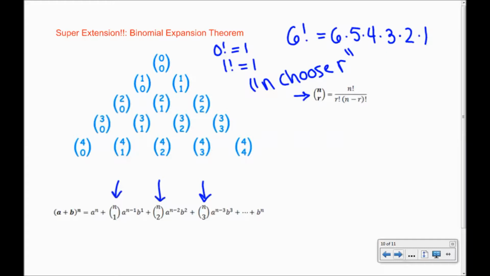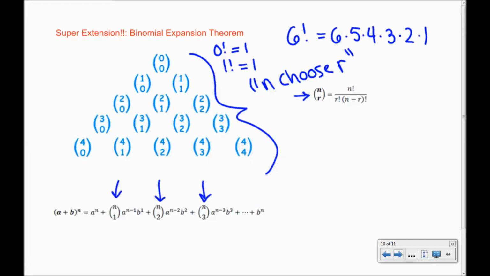Okay, so n choose r. All of these are of the form n choose r. Okay, the number on top, we're going to do that factorial. And then the number below, we're going to do r factorial, so the number below. Times n minus r factorial.